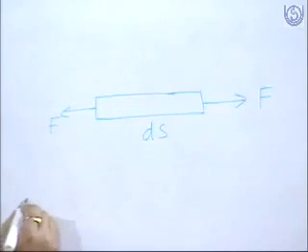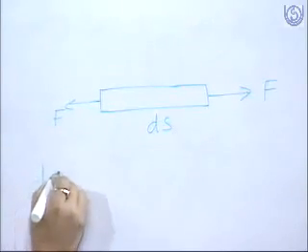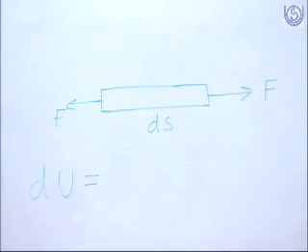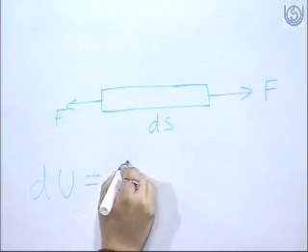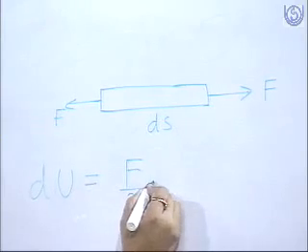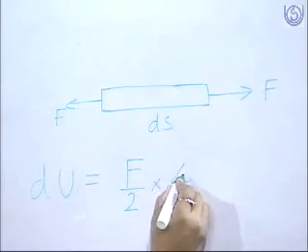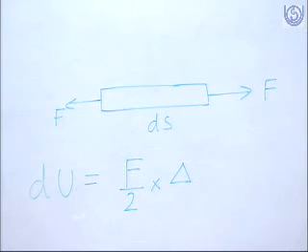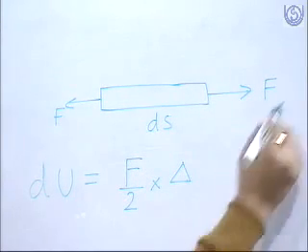This will be equal to the average force F by 2 multiplied by the deformation delta in this element ds. Why are we taking this average force? Because as soon as we start applying force on the element, the elongation starts and the energy is stored.